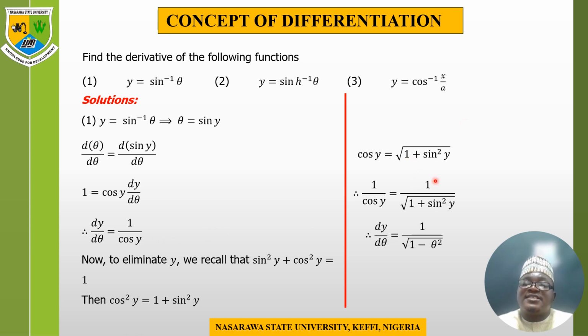Then coming down here, the derivative with respect to theta is 1 all over 1 minus, what is our theta? Already our theta is defined as equal to this.